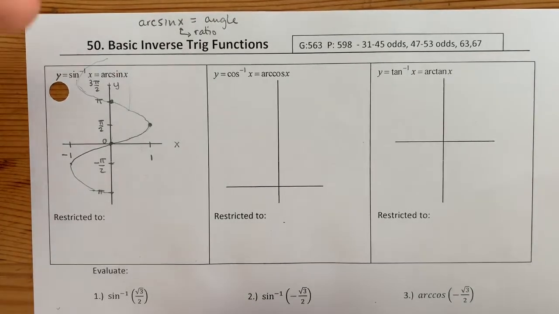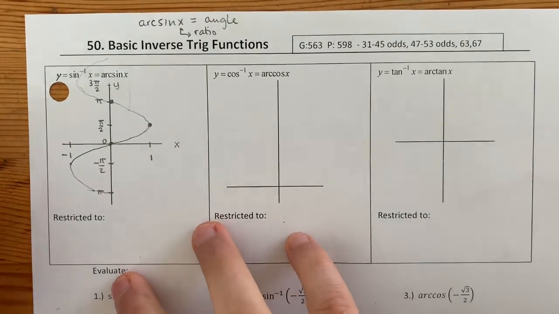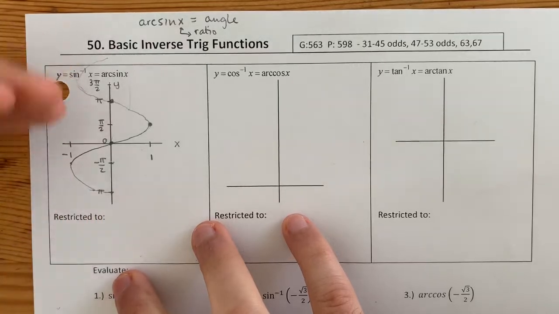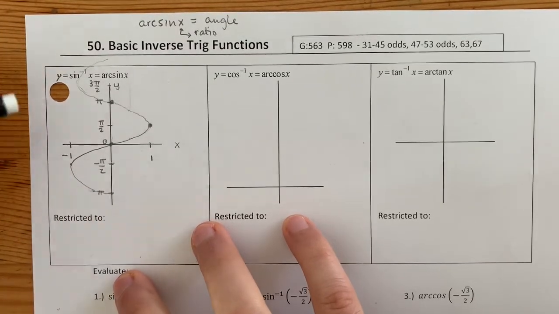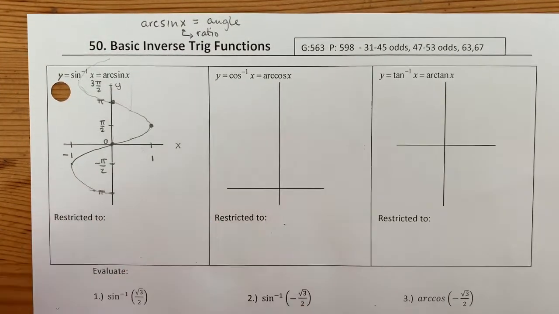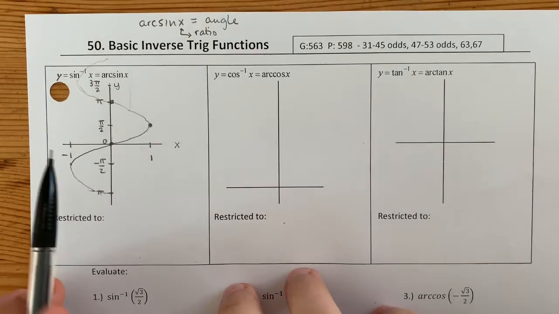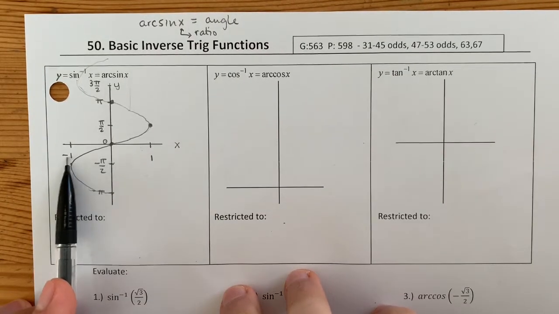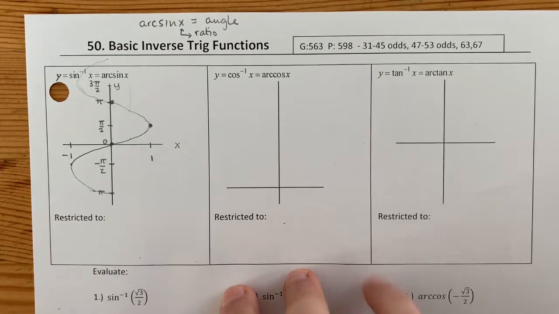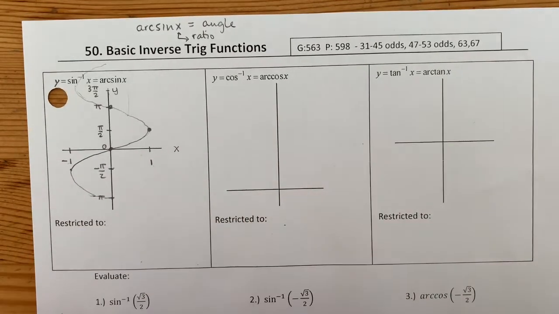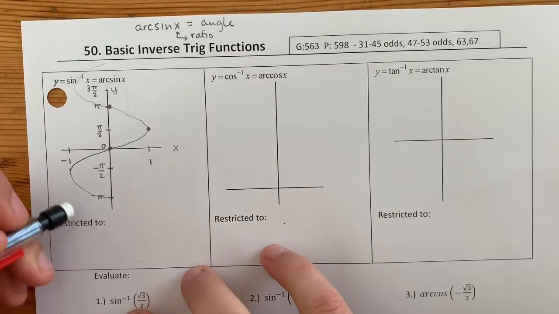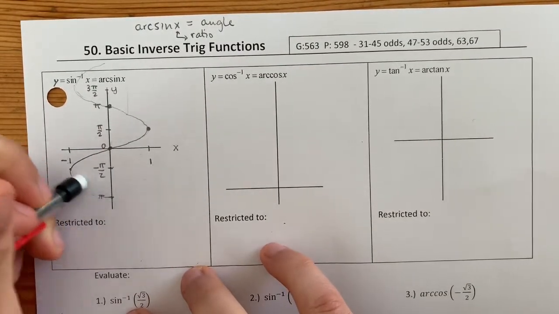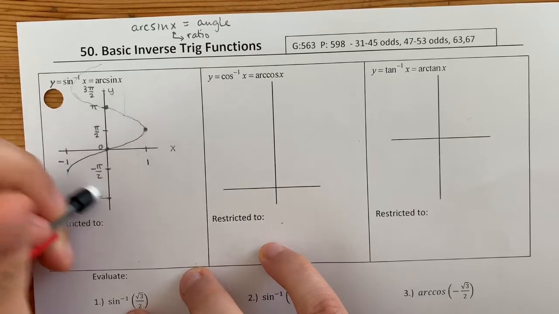But what I'm going to do is create some restrictions on this wave. I'm going to change my range here so that it does pass the vertical line test and captures every ratio between -1 to 1. This is just the way that we've all decided would make the most sense to keep these pieces of the graph.